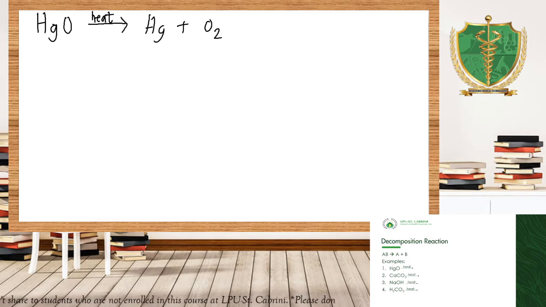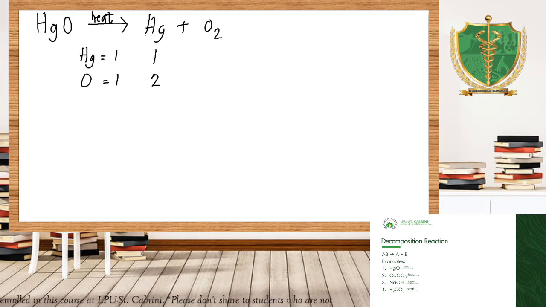Again, the next question is, do we have a balanced equation? Then we have to check. Hg, 1. Oxygen, 1. Mercury, 1. Oxygen, 2. Okay?